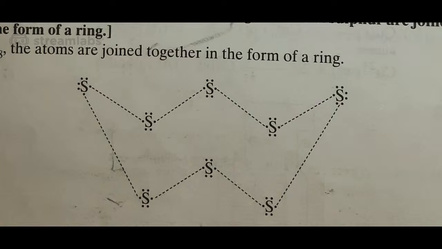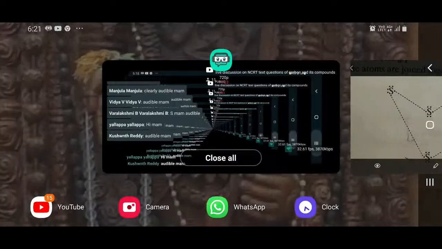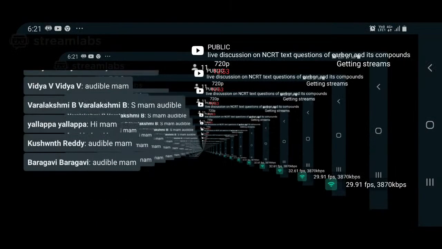When you look at all the sulfur atoms, they will attain octet structure. Okay, clear? Okay, S8 structure.